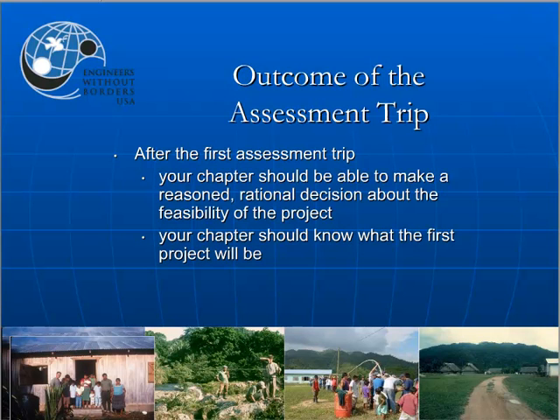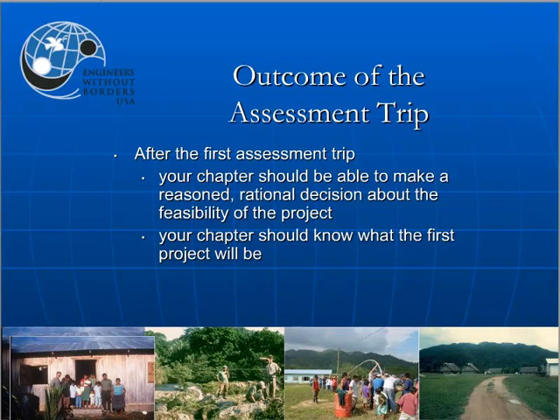Secondly, after you come back from your first assessment trip, your chapter should know what the first project should be. A lot of times, you go into the project, let's say you've adopted a project off the EWB USA website, and the program is in a certain community, and the first project is supposed to be a water project.